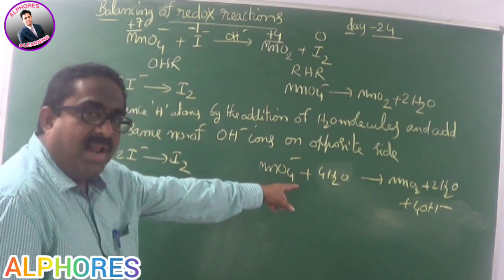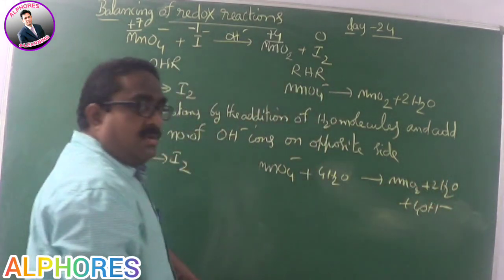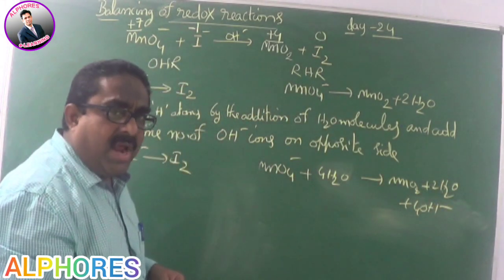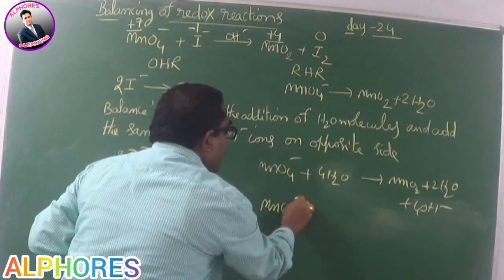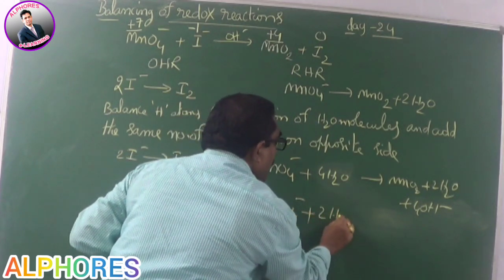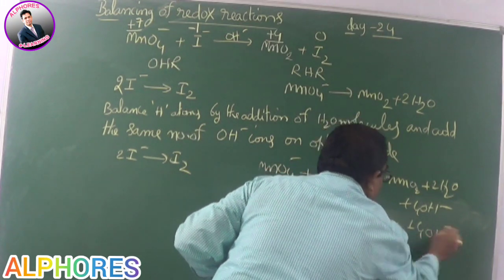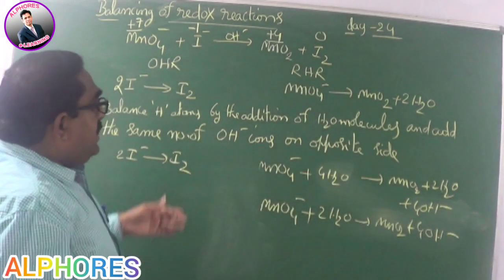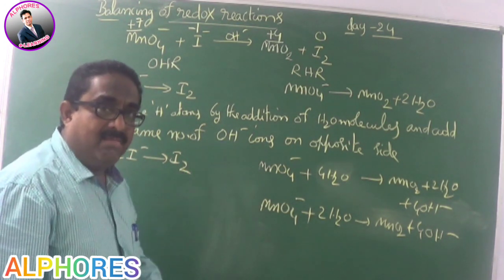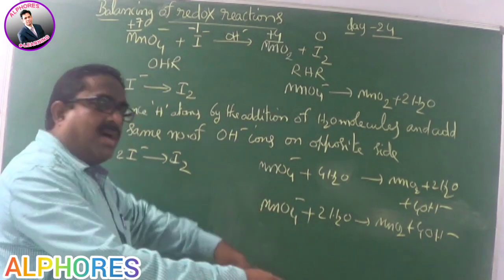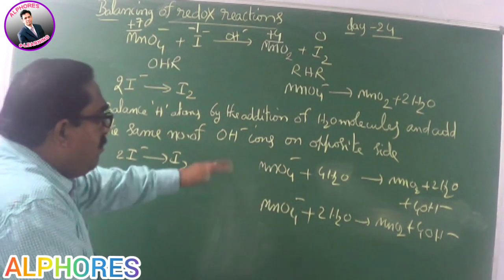After balancing the hydrogen atoms, with 4 H2O and 2 H2O, you can simplify just like an algebraic equation by bringing 2 H2O to this side, and finally I can write 4 minus 2, 2 H2O, MnO2 plus 4 OH minus. So this is how to balance hydrogen atoms in basic medium. The next two steps are the same as what we have learned in the previous session. Please note down, students, I will go to the next step.